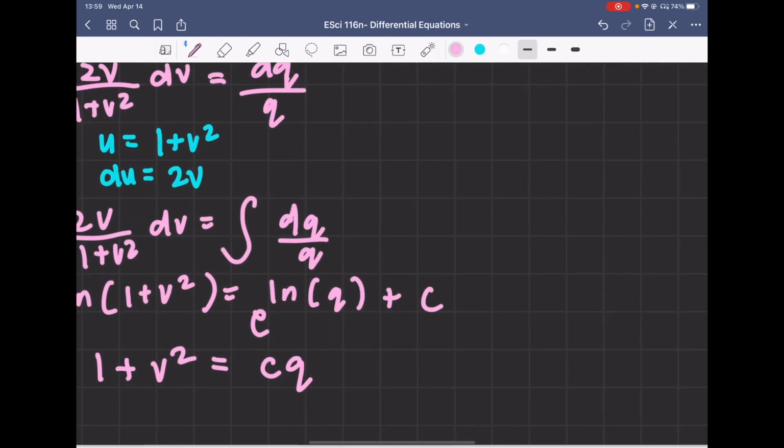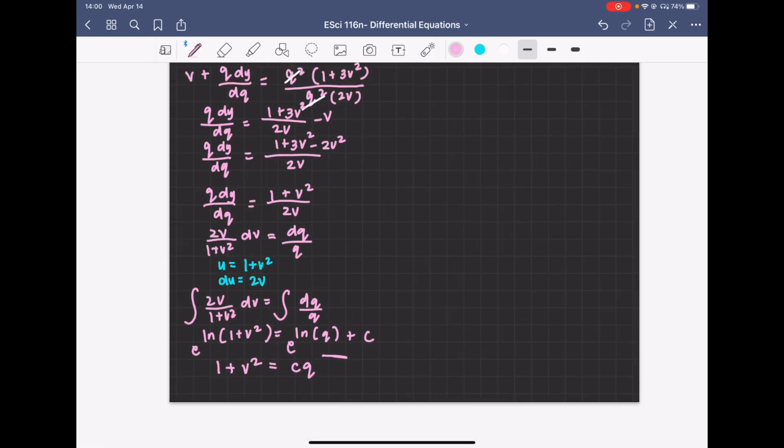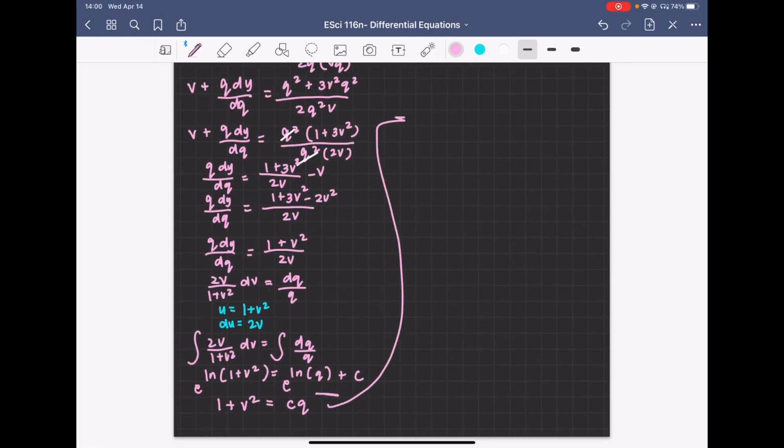The reason our c is multiplied by q is that this equation can be rewritten as e to the ln q times e to the power of c, and since e to the power of c is a constant, that's just c. So 1 plus v squared equals cq.